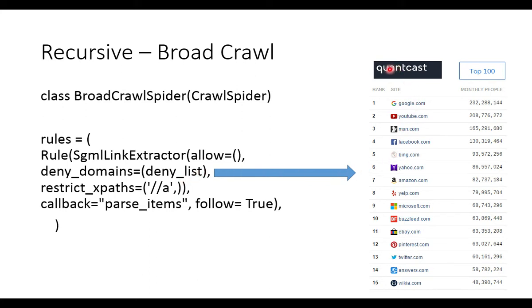Essentially, I've taken the top 100 sites from Comscore.com, a list of the 100 most popular websites on the planet. If you're wondering why I've put that in the deny list, I did not want to run this crawler forever within a single site, and thought it would give a much broader sense of the lay of different URLs crawled if I put the top sites in a deny list.